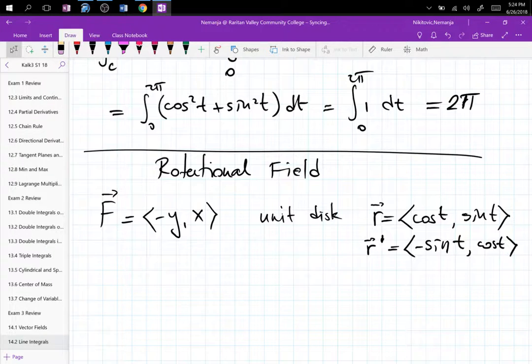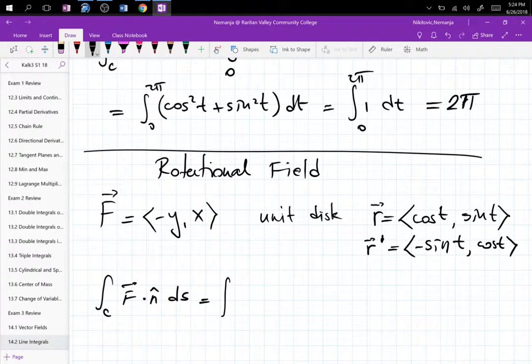So once we have this, let's first write F dot n ds, which is the flux, equal to the integral from 0 to 2 pi, and now I have the negative y, that's negative sine t, times, wait, what is this? Yes, this is x.